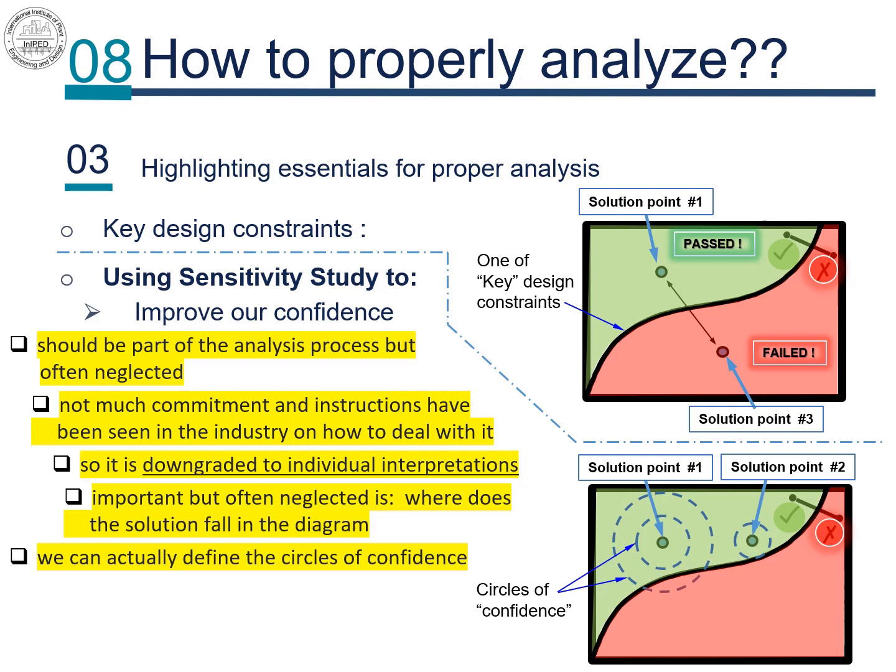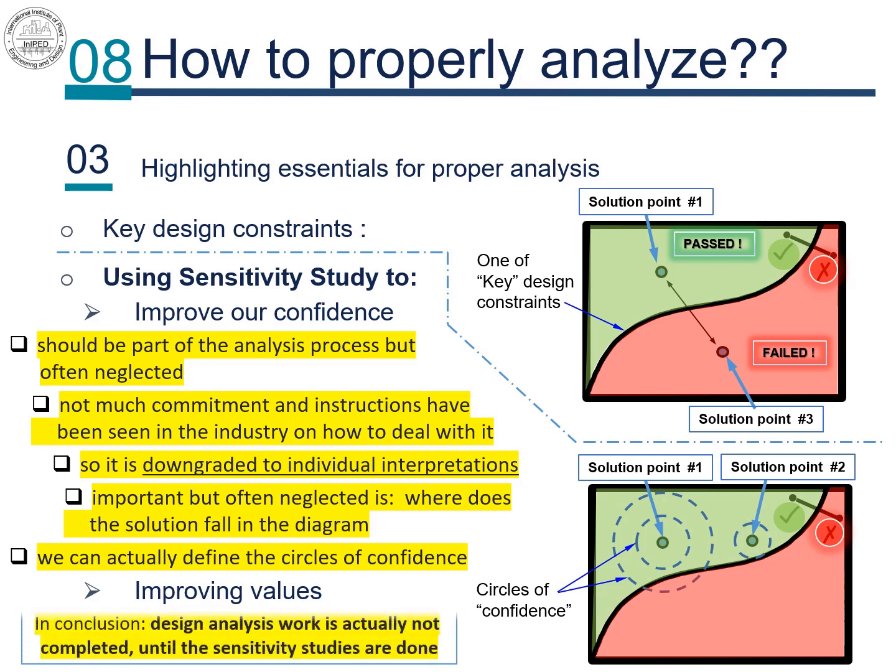Therefore we would conclude that solution number 1 is the one that we can trust more than solution number 2, or we can make further studies on solution point number 2 to find out why its results are so sensitive. The other aspect of sensitivity studies is the speed at which circles of confidence are increasing or decreasing with the change in model inputs. All of this drives us towards the conclusion that the design analysis work is actually not completed until the sensitivity studies are done.